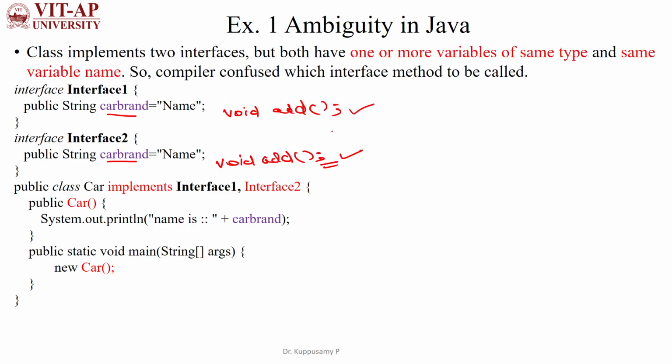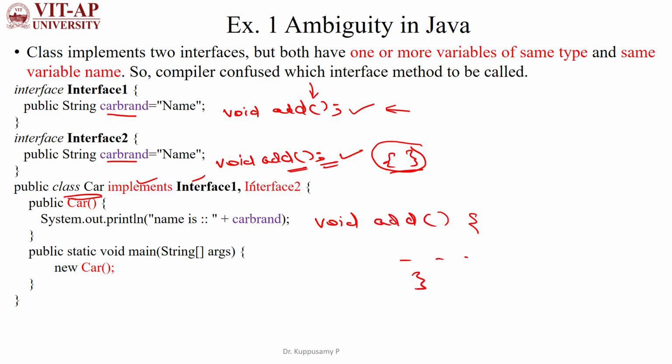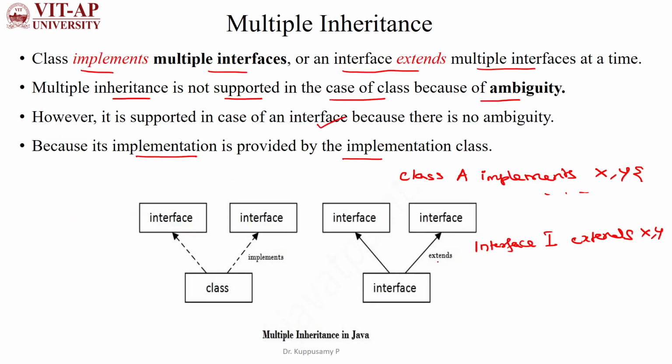A method here is equivalent to an abstract method, so it does not have a body. The body will be defined inside the class which is implementing these interfaces. So we will have the method definition for this abstract method there, so there is no ambiguity in the interface. So it is supported by the interface.